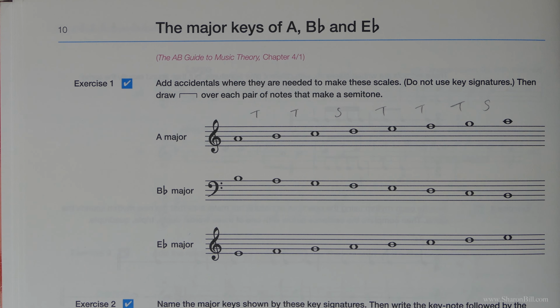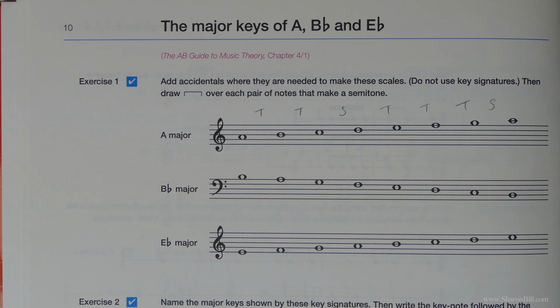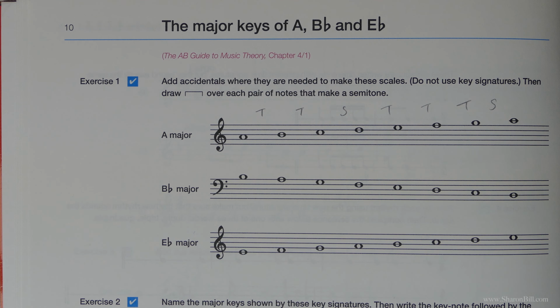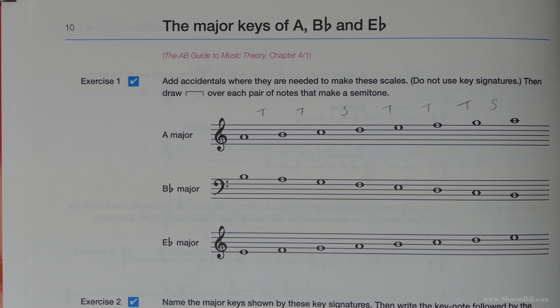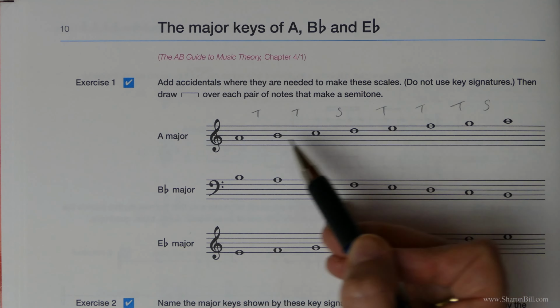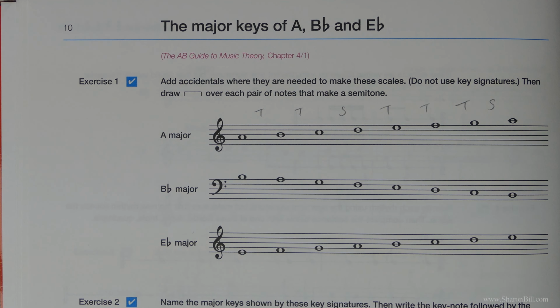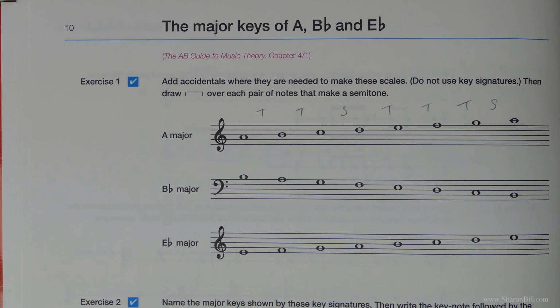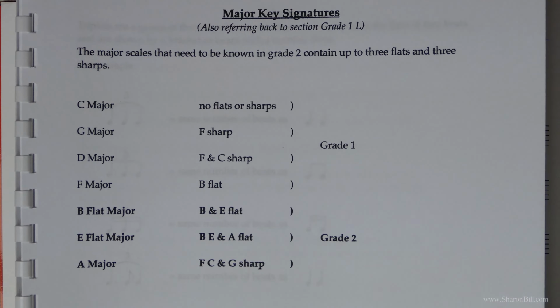To make that progression occur, we need to add sharps and flats, and that's why we need to add the key signatures of up to 3 sharps and 3 flats now, to make these scales fit into that major scale pattern.